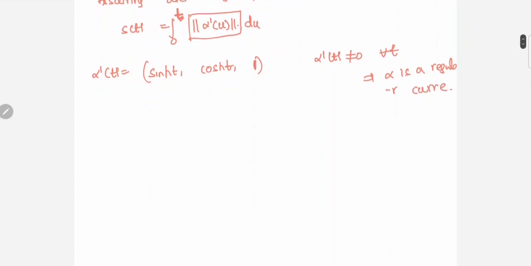Now the norm of alpha dash will be the square root of the squares of each component of alpha dash of t: sinh squared t plus cosh squared t plus 1.